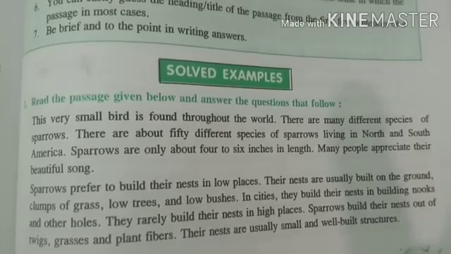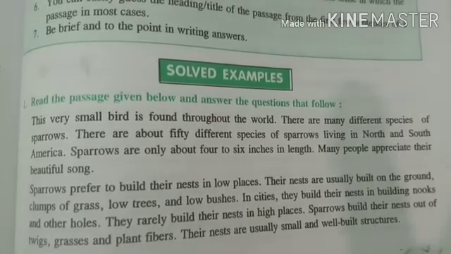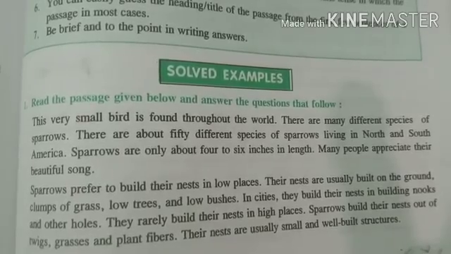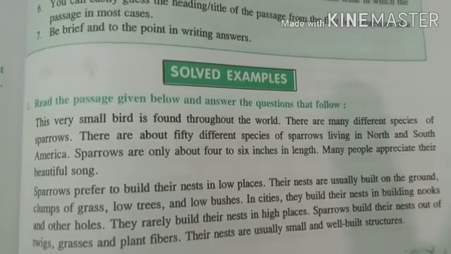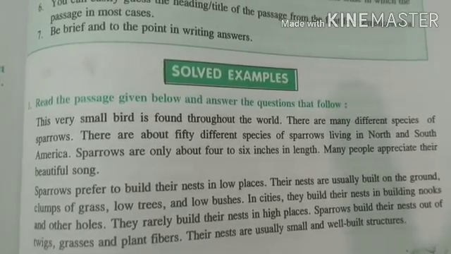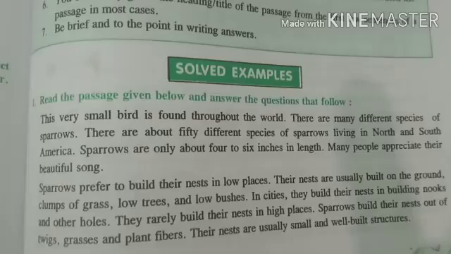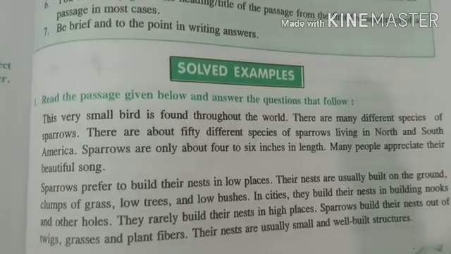In every sentence beginning, it's talking about sparrows. So we can say the title as the lifestyle of sparrow, or it can be Sparrow, or it can be the story of a bird, sparrow, right?